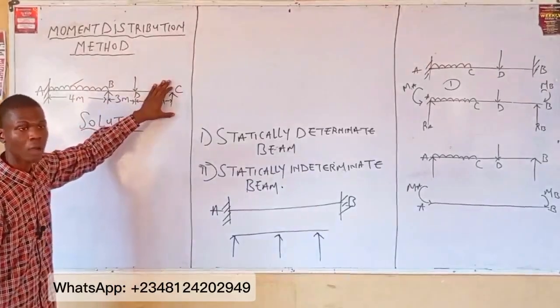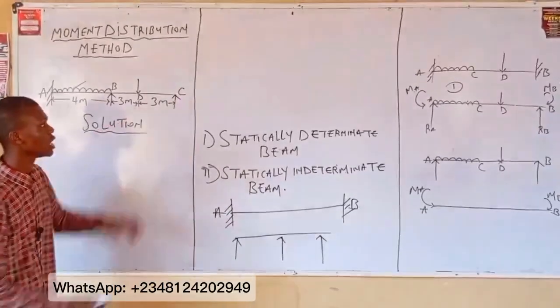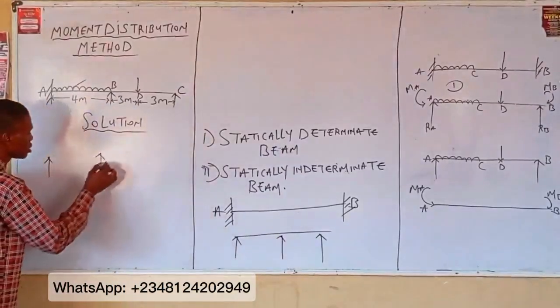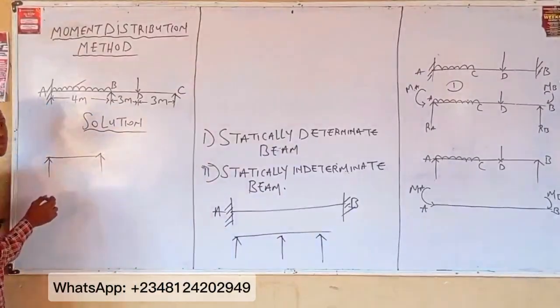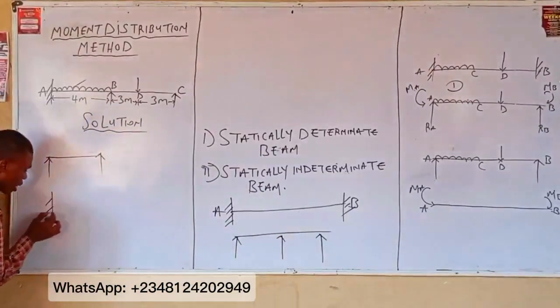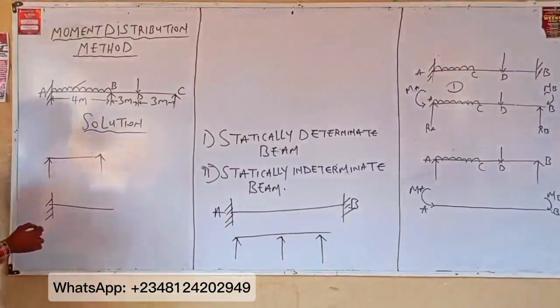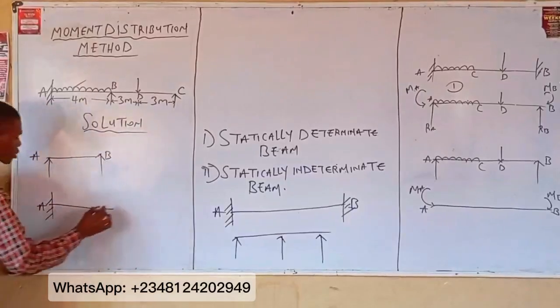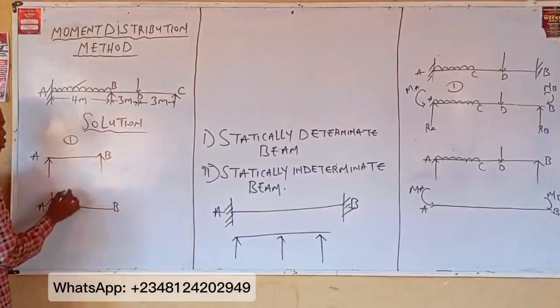C. Now, how it works is that given this type of beam, say you have a simply supported beam, or you have a cantilever beam, you are going to make an assumption. Call this A, call this B; this is 1 and this is 2.